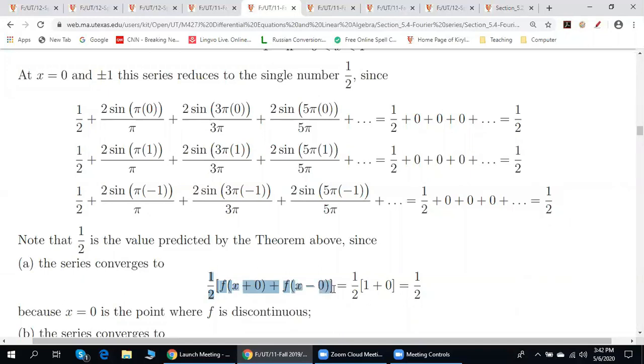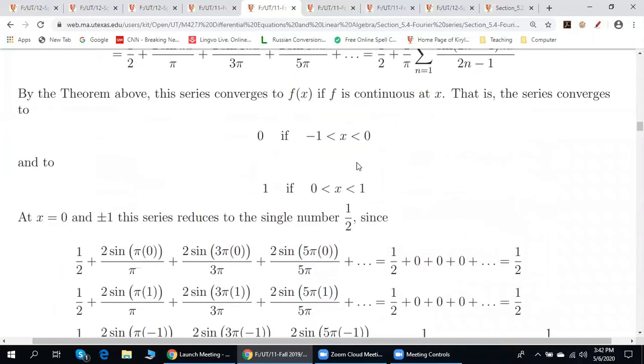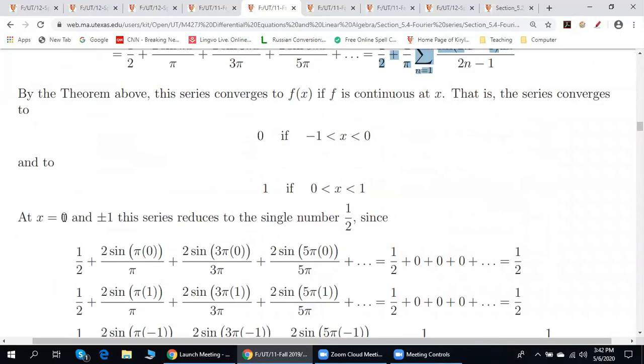However, before we discuss the remaining two cases, let us find the value of our series at the point of discontinuity and at both endpoints using a straightforward approach.